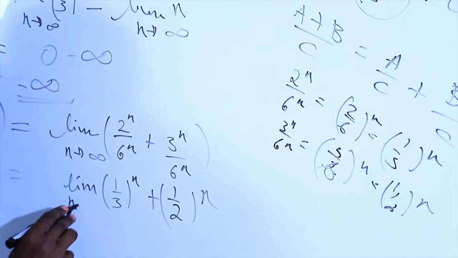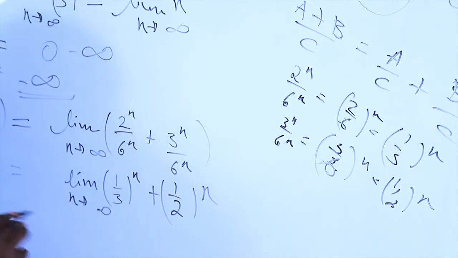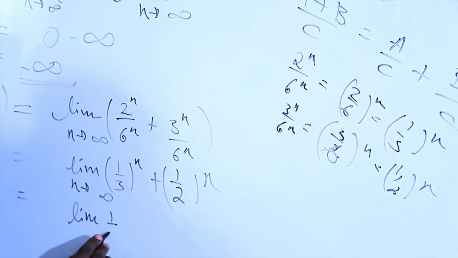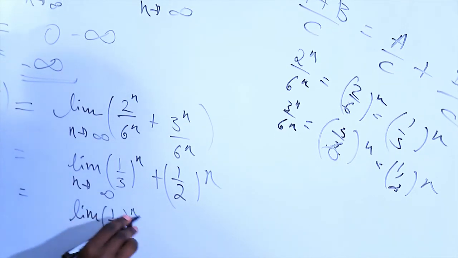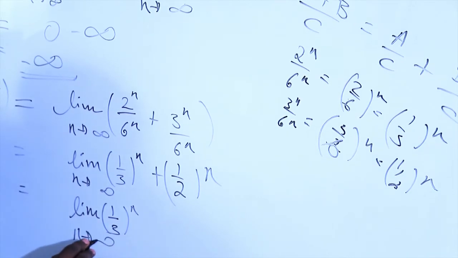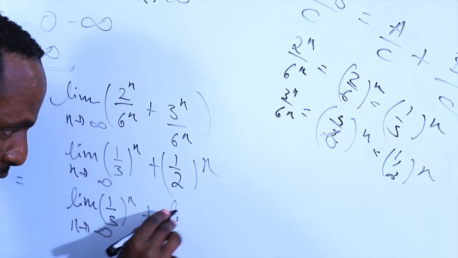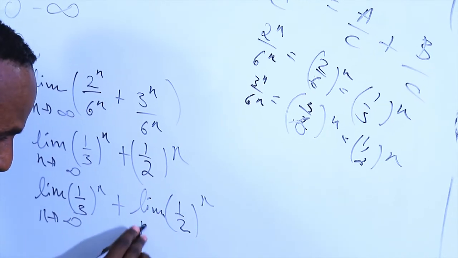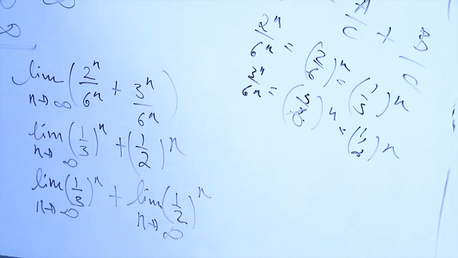So the limit as n tends to infinity is equal to the limit of the sequence 1 over 3 to the power of n as n approaches infinity, plus the limit of the sequence 1 over 2 to the power of n as n approaches infinity.